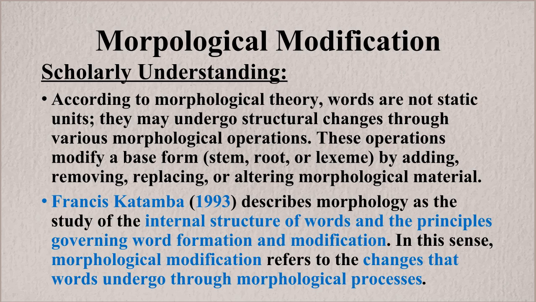These operations modify a base form, stem, root, or lexeme by adding, removing, replacing, or altering morphological material. For example, Francis Katamba in 1993 describes morphology as the study of the internal structure of words and the principles governing word formation and modification. In this sense, morphological modification refers to the changes that words undergo through morphological processes.